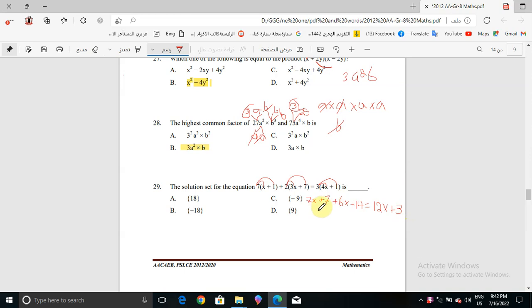Okay, now we will collect the like terms together, so that means 7x plus 6x, 7x plus 6x plus 7 plus 14 is equal to 12x plus 3.